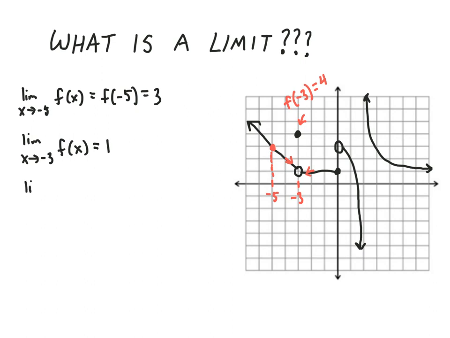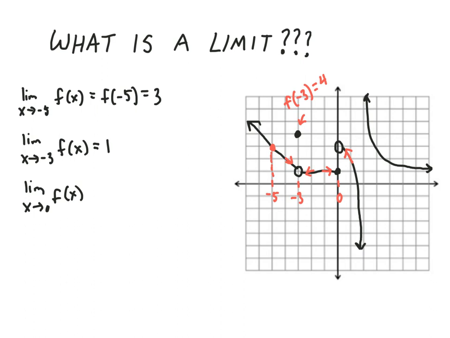Let's look at another. Let's say I ask the limit as x approaches 0 of the function f of x. You can see here at 0, there's something really unusual going on. And I can see that my approach from the left seems to be nearing a y value very different than the approach from the right. And therefore, you can unpack this definition of the limit as x approaches 0, if you wish, into two separate questions.